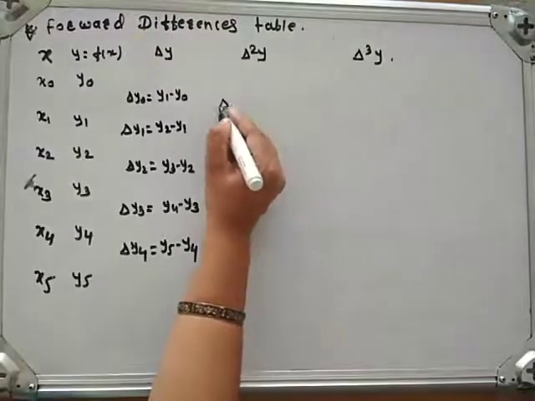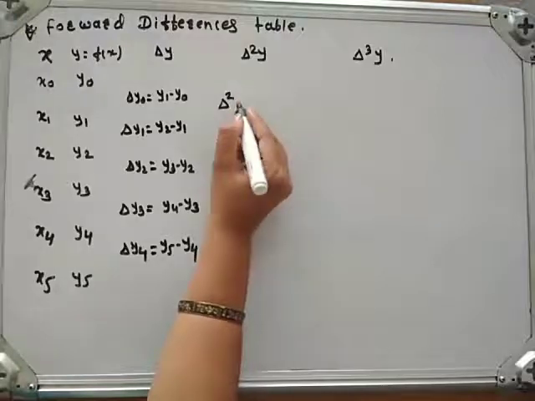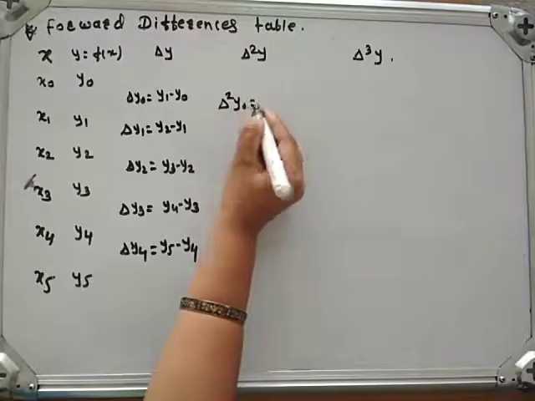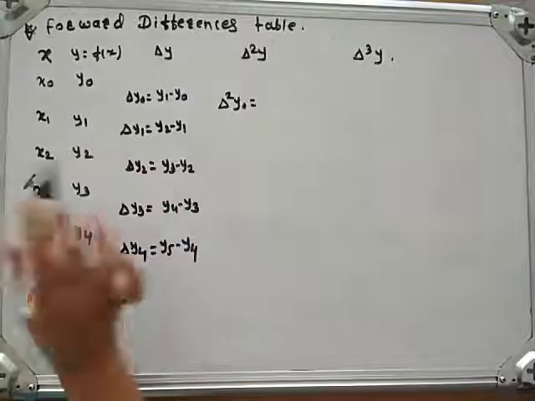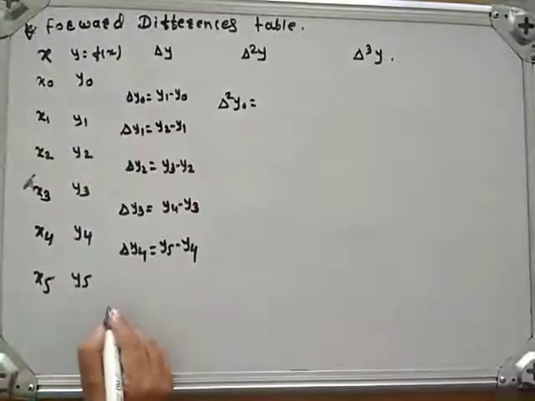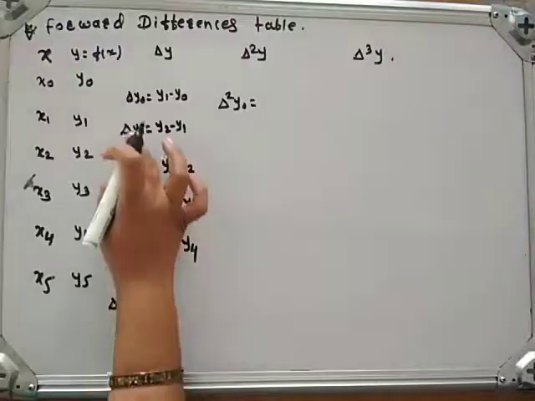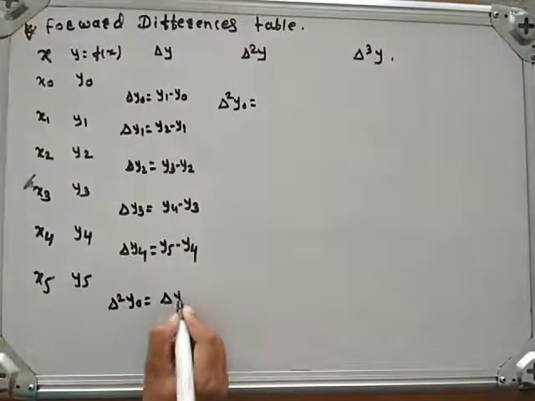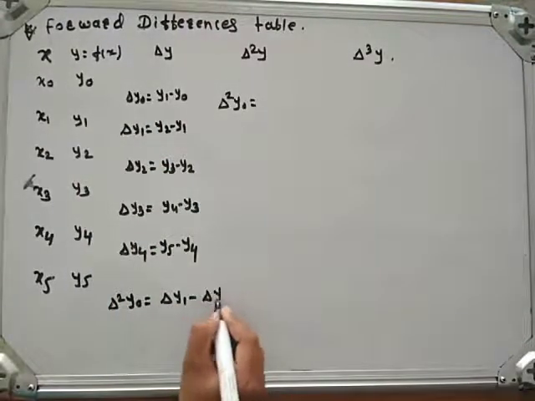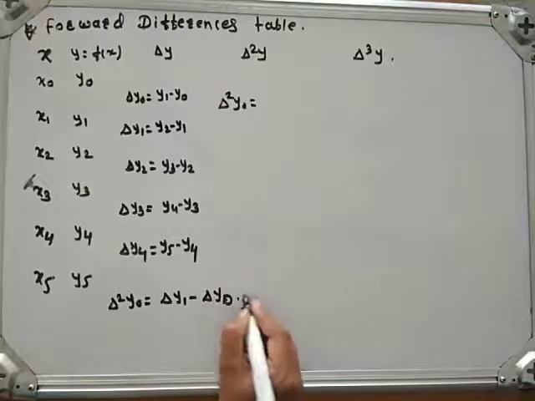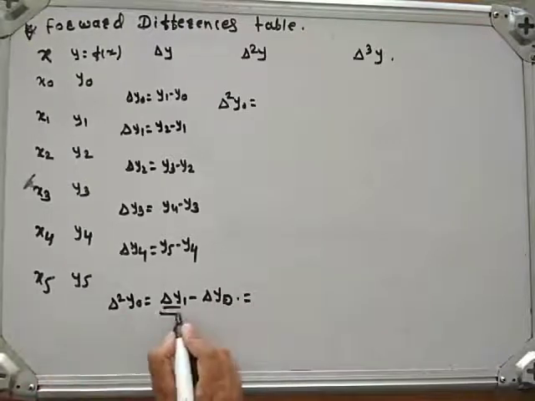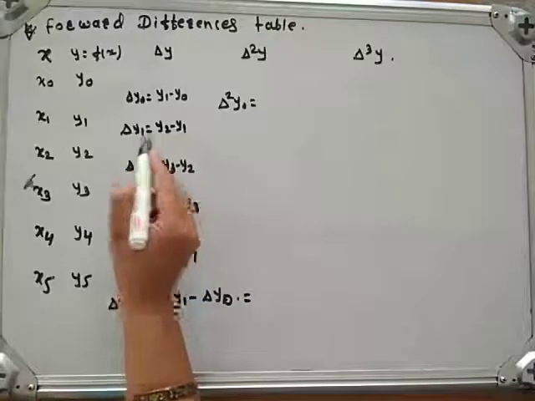Okay. Here we will calculate delta square y0, which is nothing but the difference of delta y1 minus delta y0. What is delta y1?